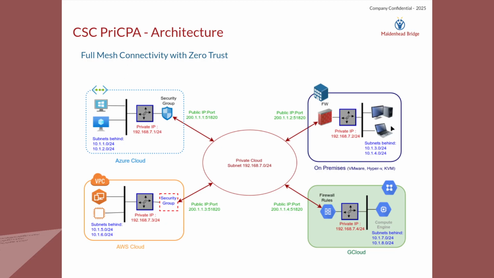How is this magic? Again, let's take the laptop. The laptop wants to talk with this instance that is in 10.15, I don't know, 100. As soon as this laptop initiates the communication and says I want to talk with 10.15.100, this connector says, okay, 10.15.100 is behind this public IP.